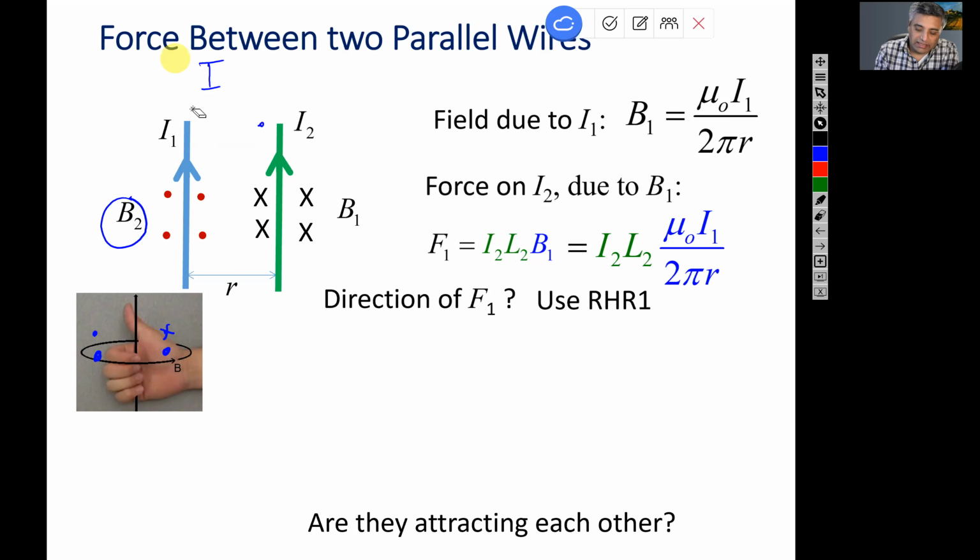With that, use your right hand rule and see which way the force is acting. Is it towards the green wire, or away? Two choices, right? So go ahead, do it, and type 'to the green' or 'away' in the chat.